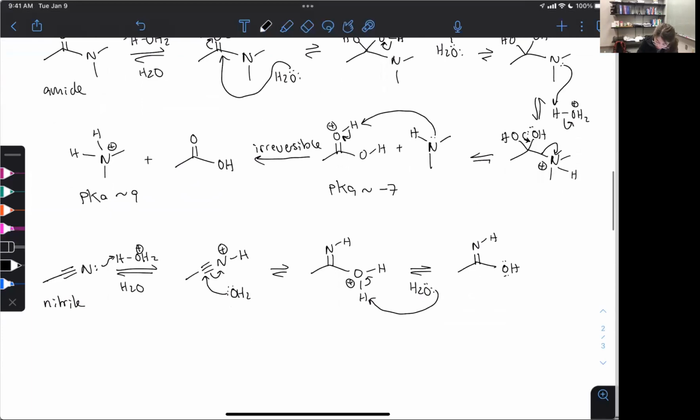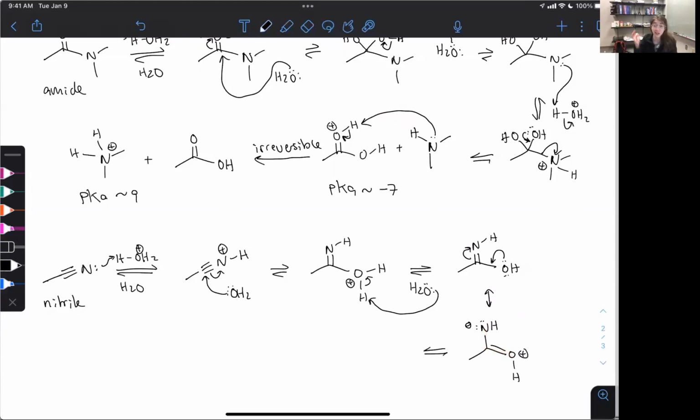So if we look at this resonance structure, and keep in mind this is a resonance structure, not any reaction happening. So I'm going to make sure I use my resonance arrows. Okay, then we get to this resonance structure. Now you can start to see it a little bit more, where we've got the oxygen carbon double bond, nitrogen over there. So we're essentially going to do a tautomerization to the amide.